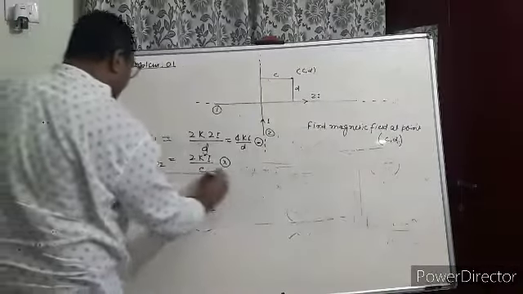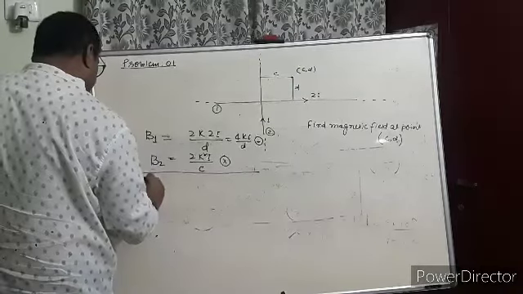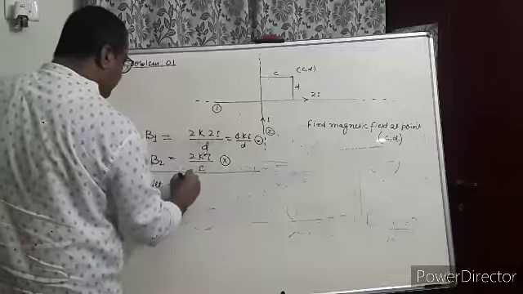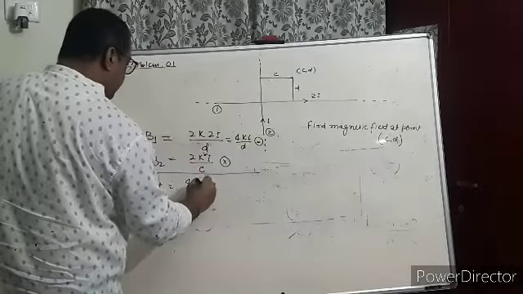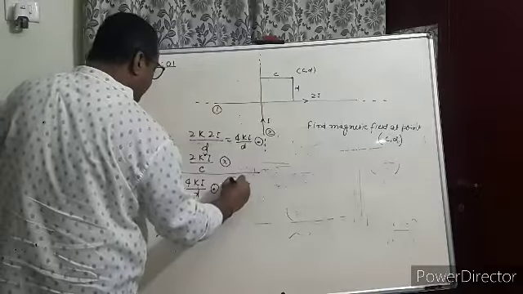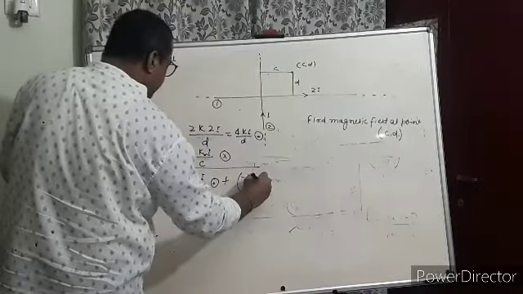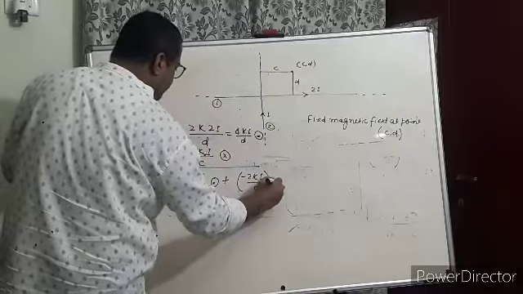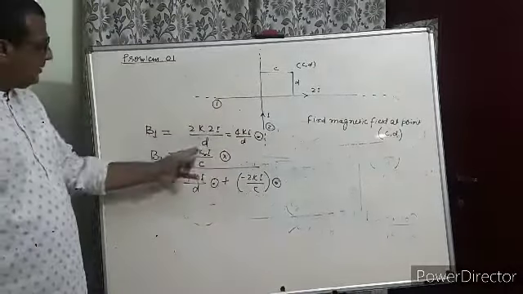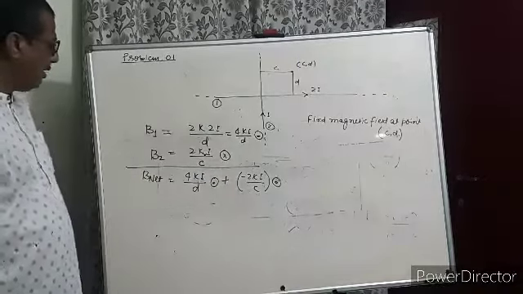Hence the net magnetic field will be equal to 4Ki by D outward plus minus 2Ki by C, and this will also be outward because here it was inward, we have converted it to outward.